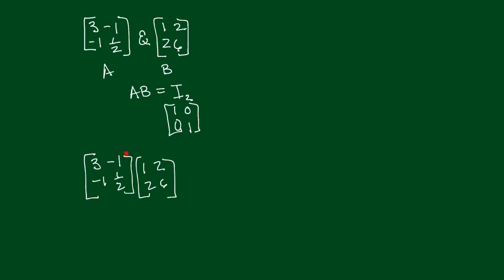So we're going to get 3 times 1 plus -1 times 2. Then, first row, second column, 3 times 2 plus -1 times 6.